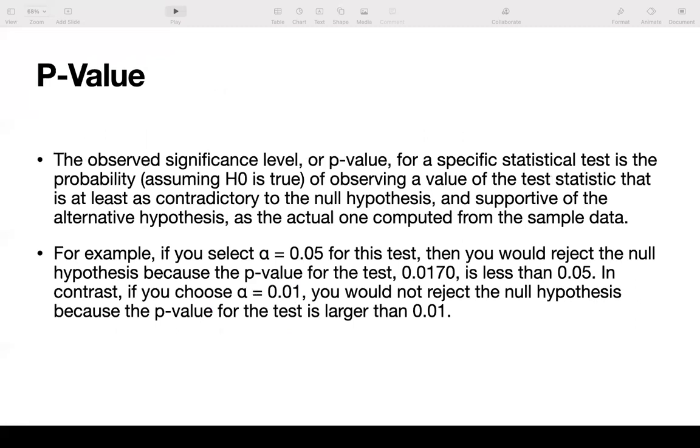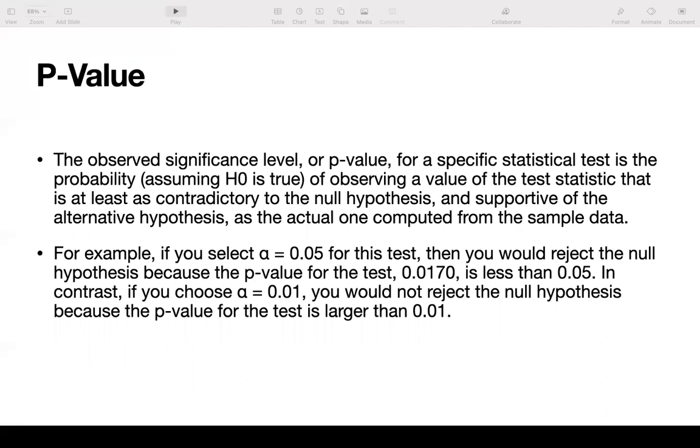The p-value is the observed significance level for a specific statistical test, and it's the probability, assuming the null is true, of observing a value of the test statistic that is at least as contradictory to the null and supportive of the alternative as the actual one computed from the sample data.